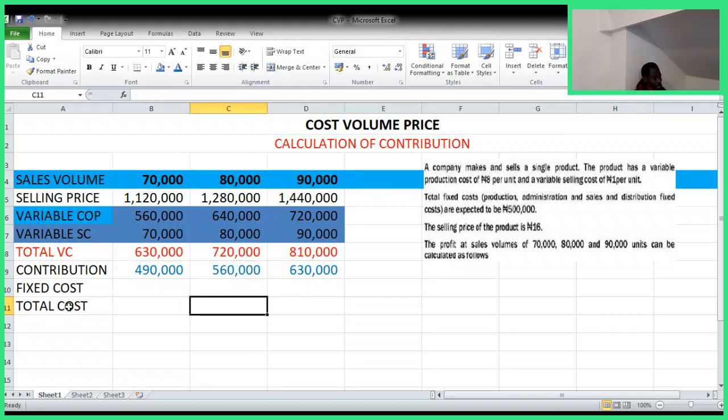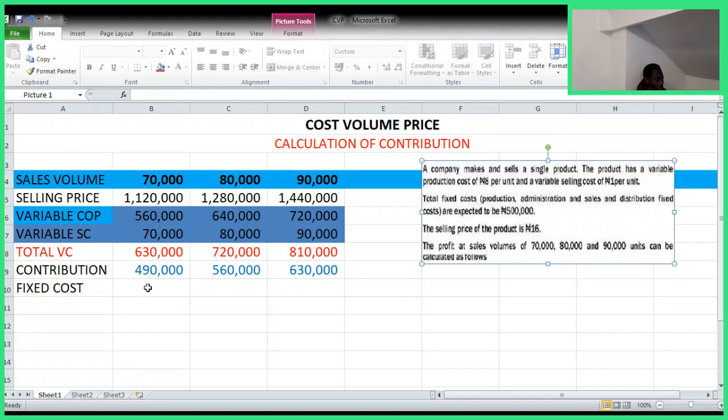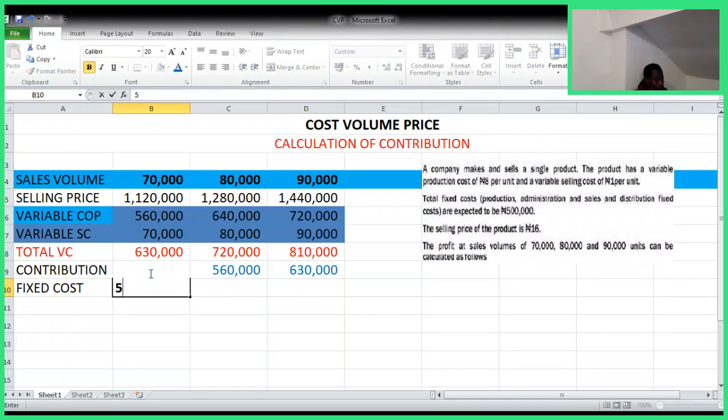Now this will be our total contribution. Now I will not confuse you. Our fixed cost now is what? 500,000. Our fixed cost has been given to be 500,000. So we just put 500,000 for everyone here.